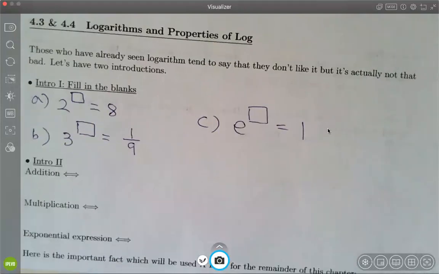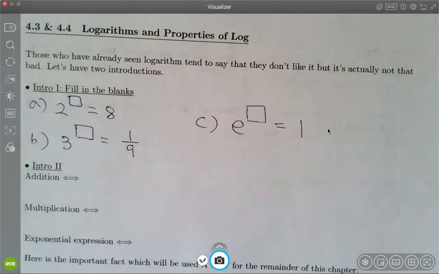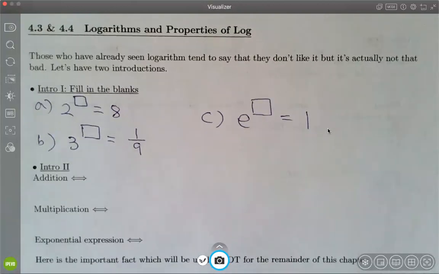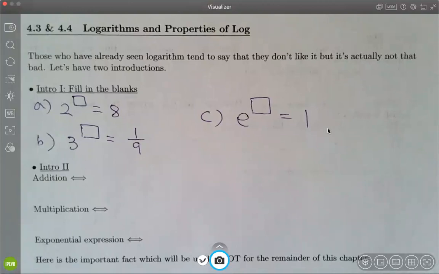Now, maybe you can plug in these blanks and tell me what the answers should be.